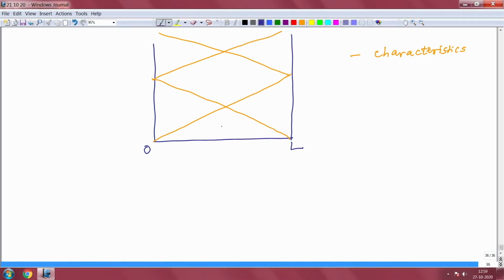So, let me call them 1, 2. So, this infinite cylinder, if you want to call this infinite rectangle, is divided into several regions.